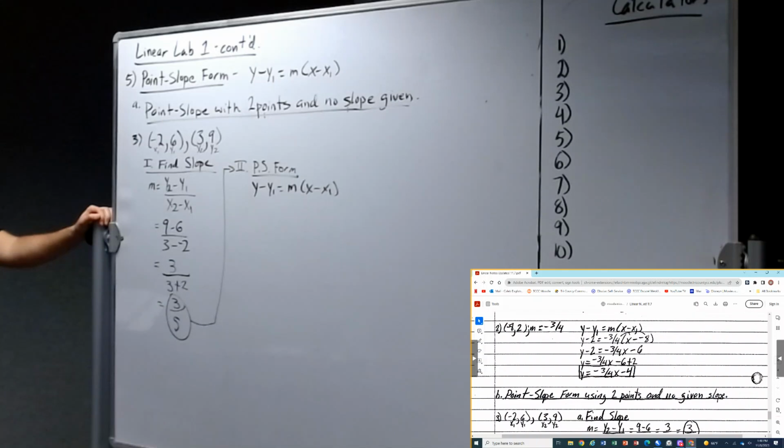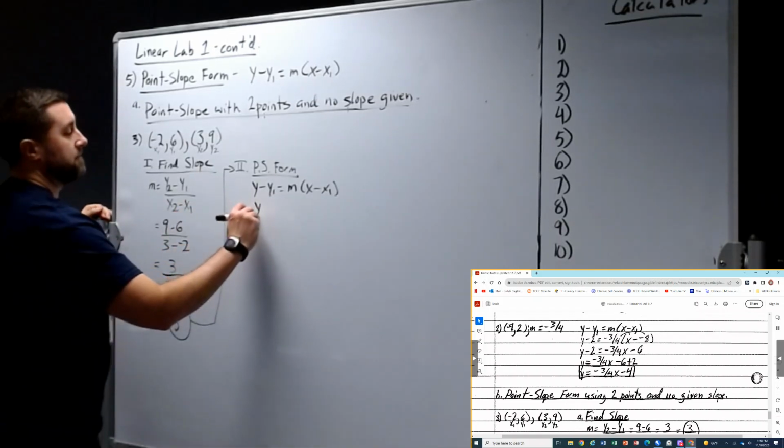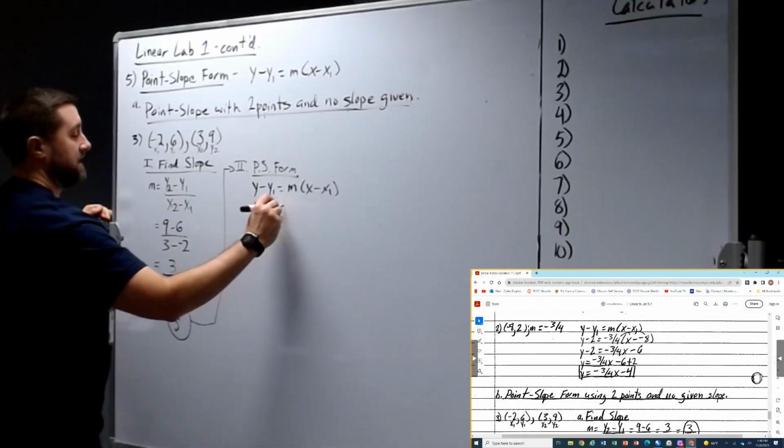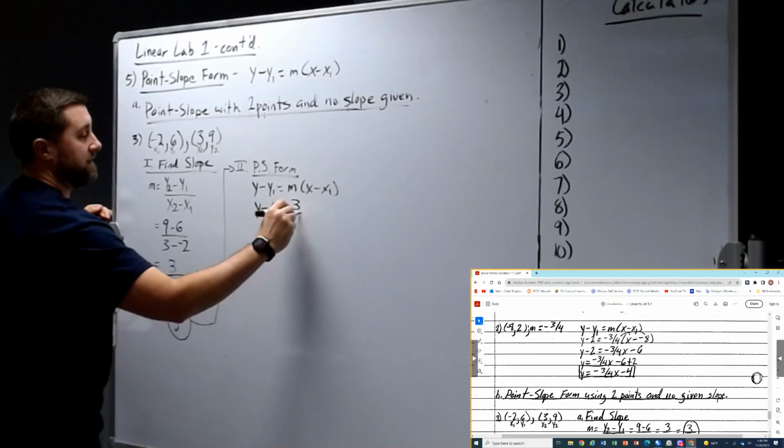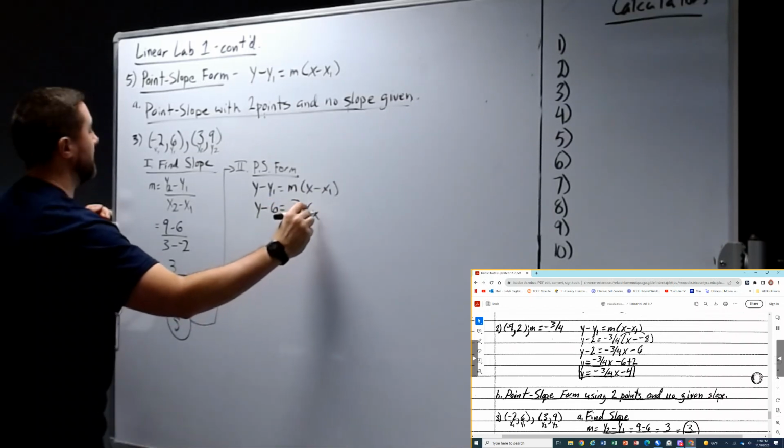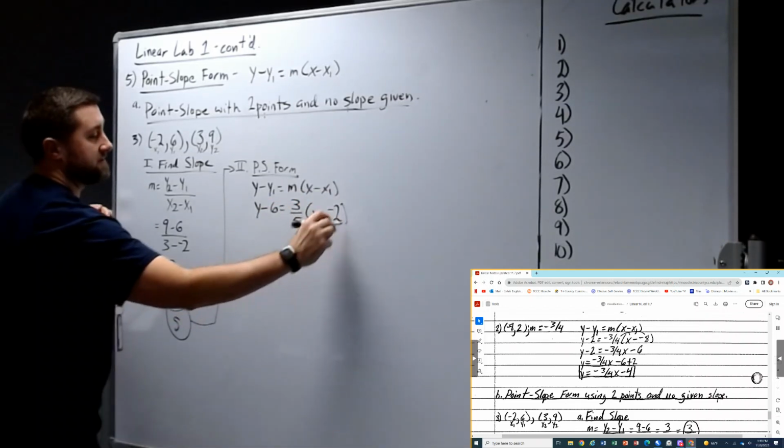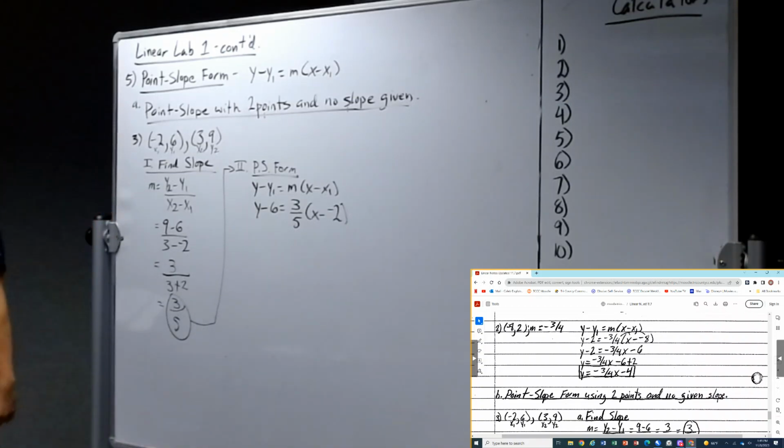So, x1 and y1, that's negative 2, 6, right? So, y minus 6 equals 3/5 times x minus negative 2. Just substitute that stuff in there. Okay?